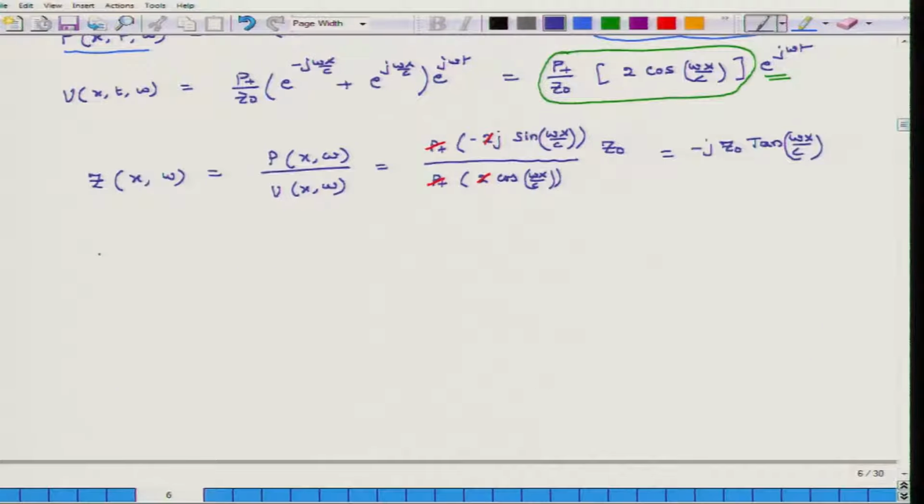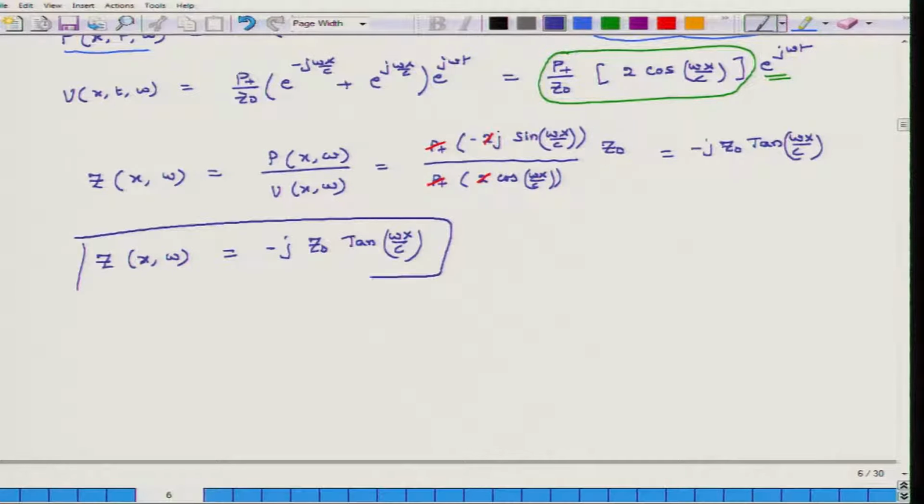So, Z for an open tube is minus j Z naught tan omega x over c. That is the specific acoustic impedance for an open tube.